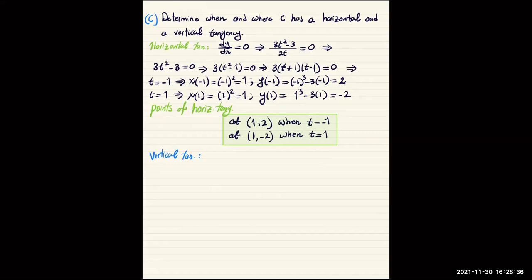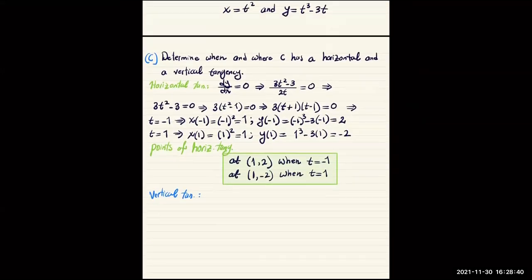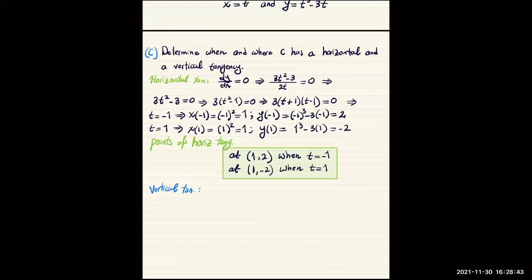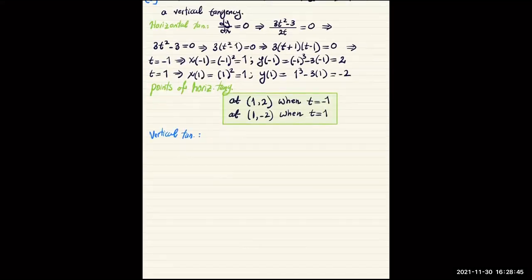Yes, exactly. You want the derivative function to be undefined, okay? And the derivative is undefined when the denominator is 0. So again, here we want dy/dx to be undefined.